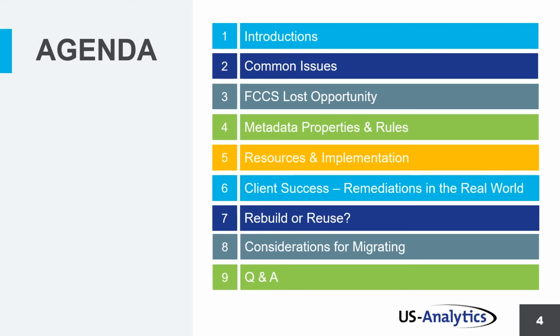We're going to try to keep it high level, but we'll still get into some of the metadata properties and rules, some resources and implementation guides, and we'll go through a couple of our client success stories, just a high level rebuild, reuse, debate, and then as well as considerations for migration. And then we'll of course open up the floor for any questions that you may have.